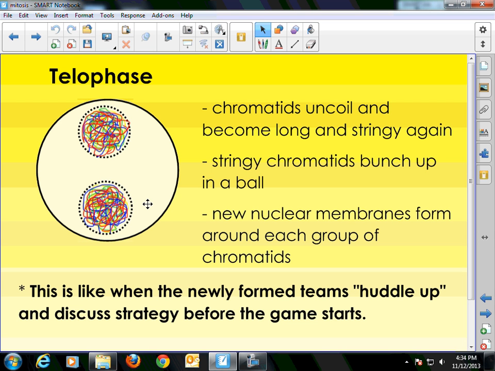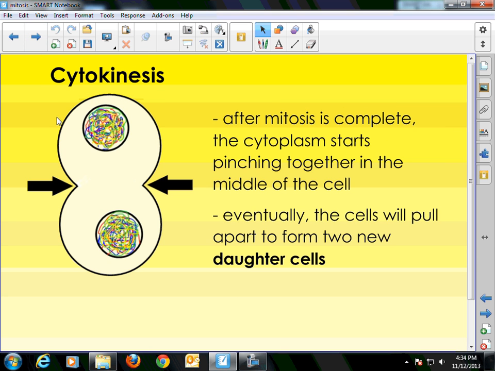Now, this isn't going to work in the long run. The cell can only have one nucleus, so therefore we have to divide the cell, and this phase is called cytokinesis. In cytokinesis, we're going to pinch the cytoplasm together in the middle of the cell, and we're going to eventually pinch this apart, and these are going to form two new daughter cells. Again, that's the process of dividing up the cytoplasm and the materials.